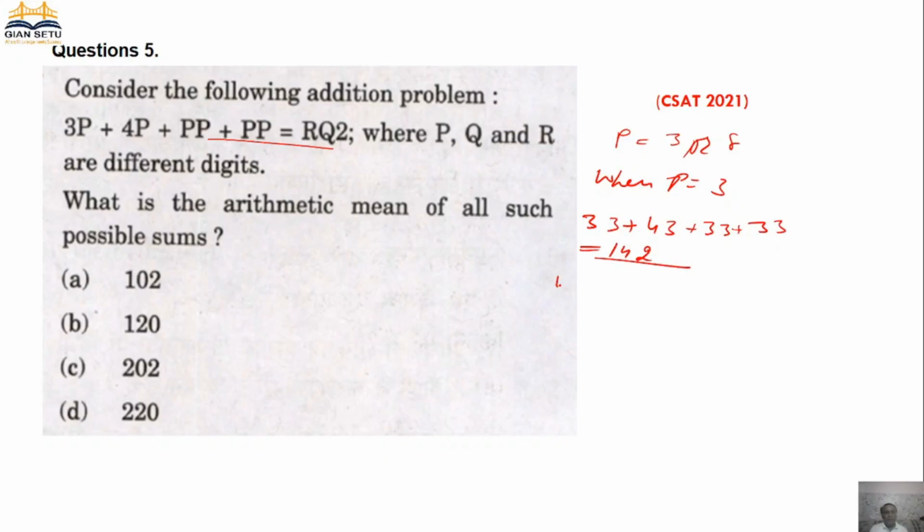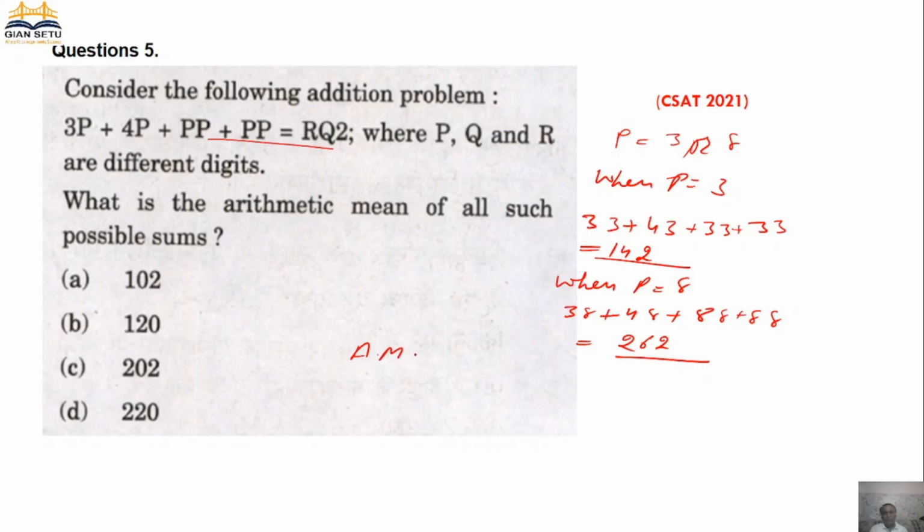Similarly, when p is equal to 8, the numbers on the left hand side will be 38 plus 48 plus 88 plus 88, and the sum will be 262.